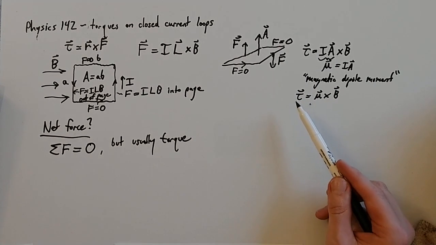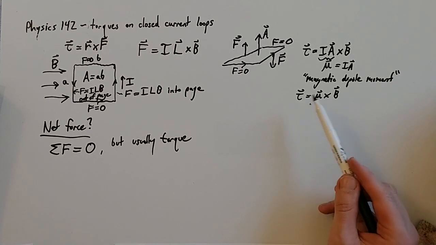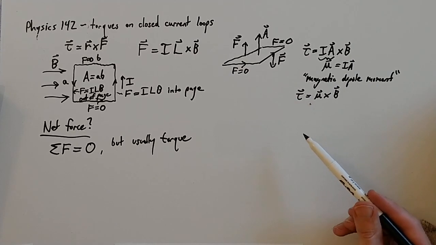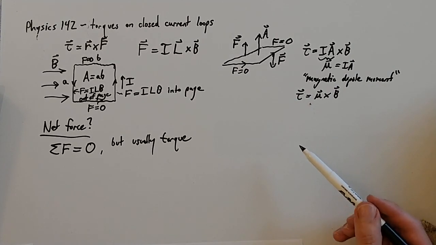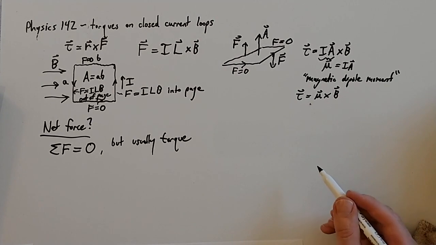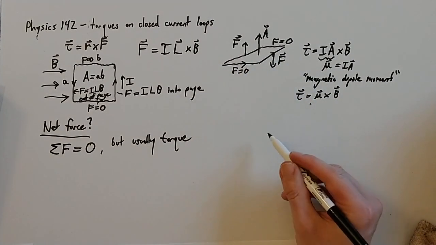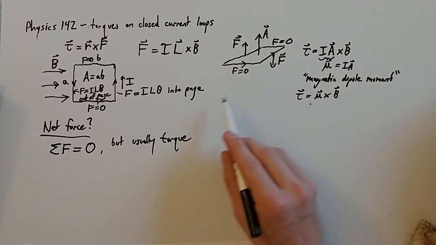So I would now like to try to show this to you, try to at least make an argument that this is the correct formula. And the way I want to make that argument is I want us to take this picture and look at it from a side view.